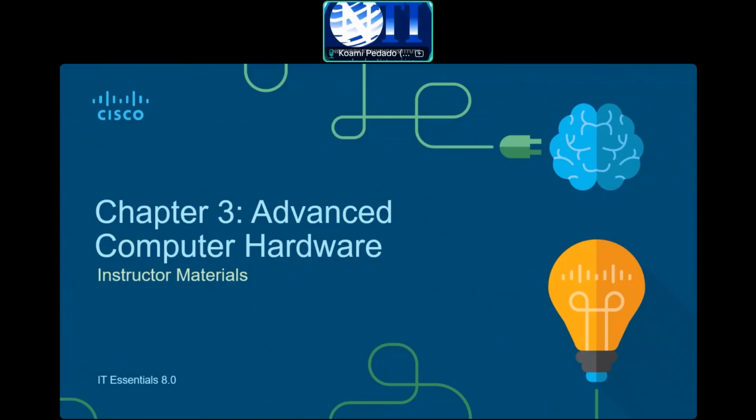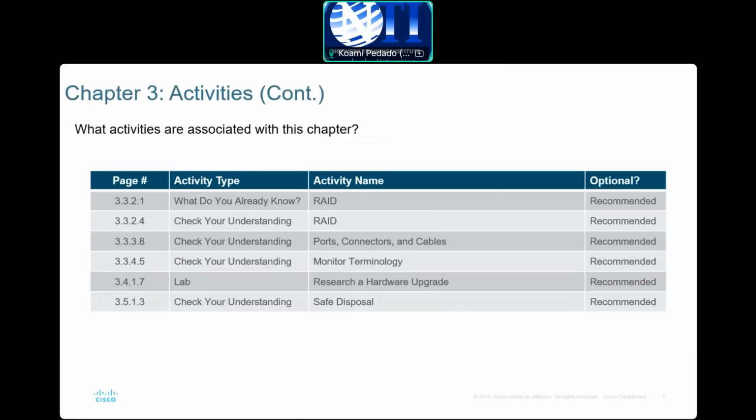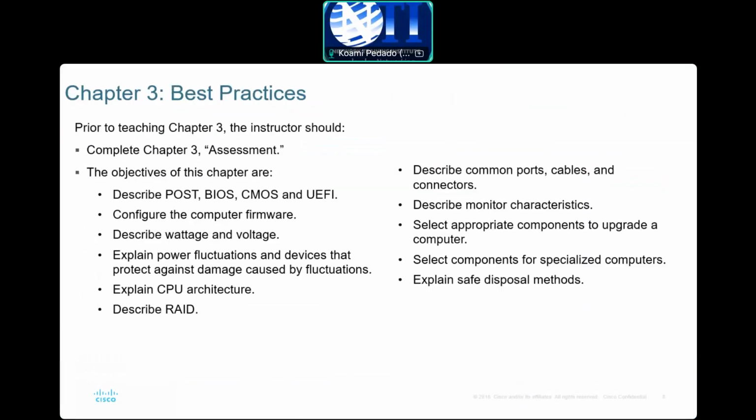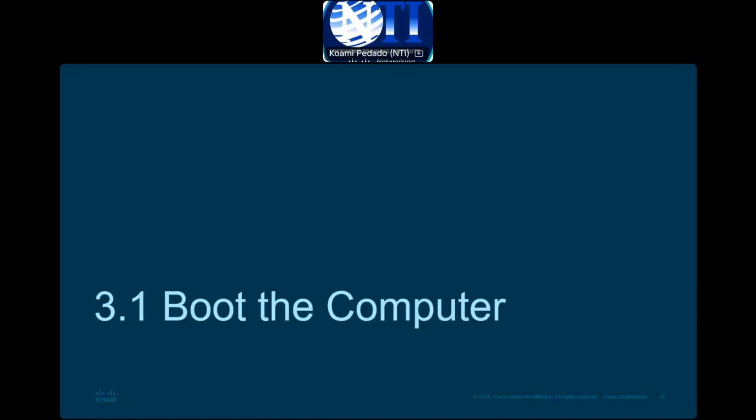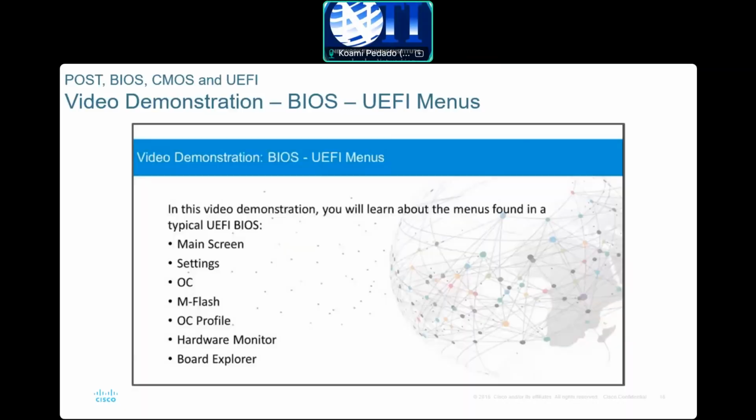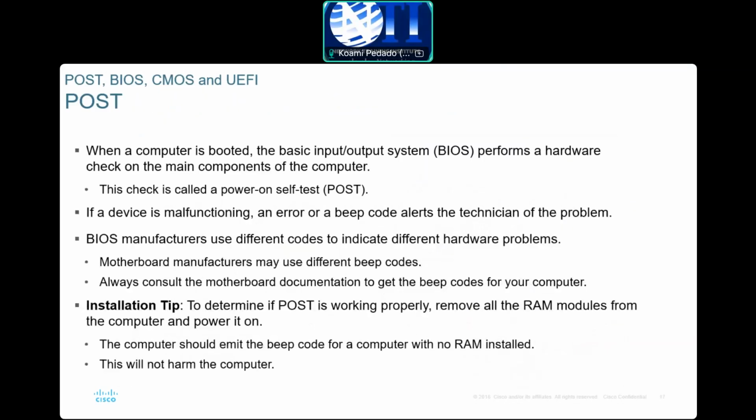So if we go to here, called Advanced Hardware Computer, boot the computer. So when you boot the computer, turn on the computer, there is a video here if you want to watch. But the boot, we have something that we call POST.